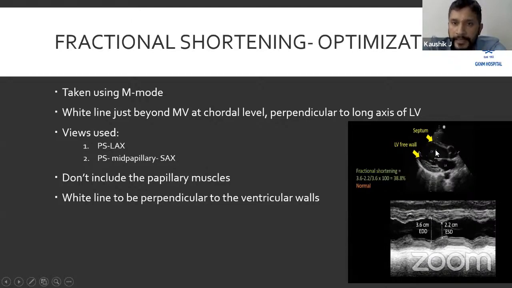It is placed perpendicular to the long axis of the LV cavity and can usually be obtained with two views, that is the long axis view as well as a.